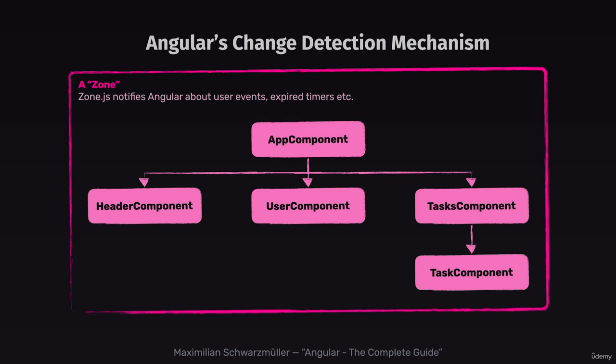And whenever such a trigger occurs, because, for example, a user clicked a button, which would be one possible trigger, whenever that happens, Angular goes ahead and checks all the components in that zone to find out whether some data changed that now needs to be updated on the UI. So whether the UI needs to be updated in the end.